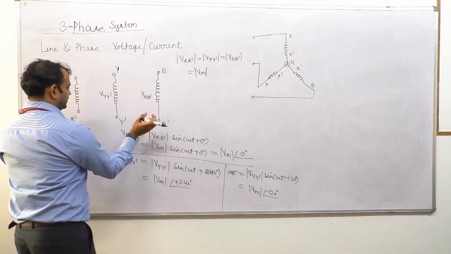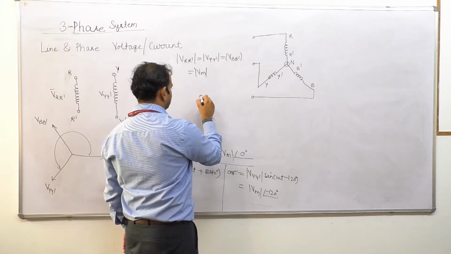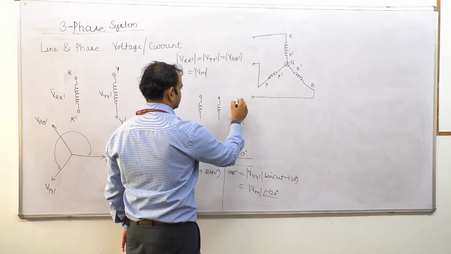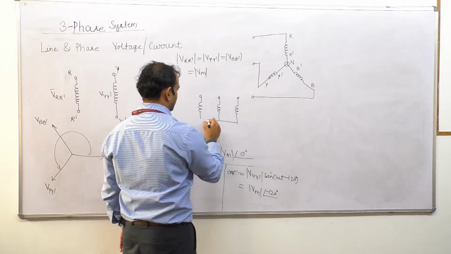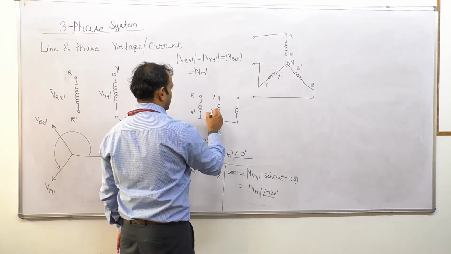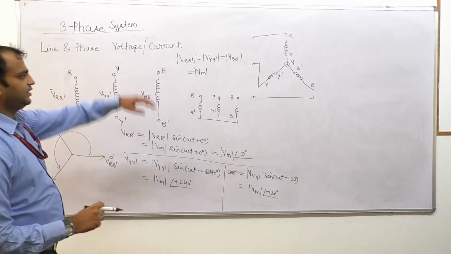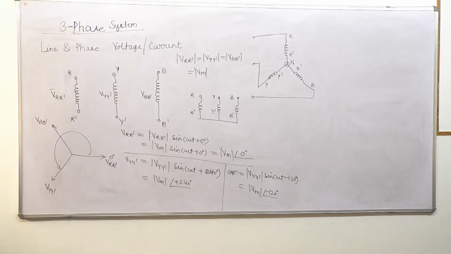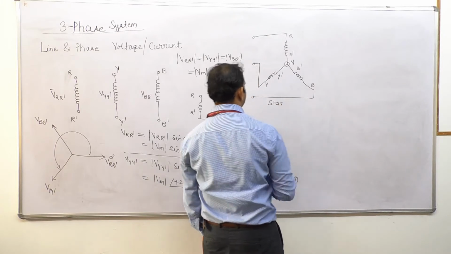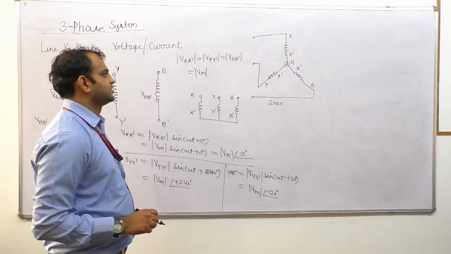We connect these three points, right? So we can also make this in this way: R dash, Y dash, B dash, and we make this star connection by using this. Now what is the line and phase voltage?